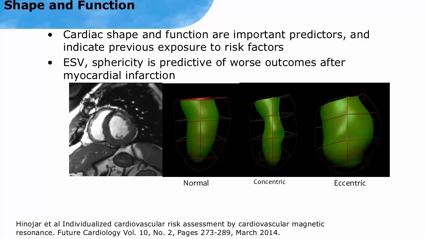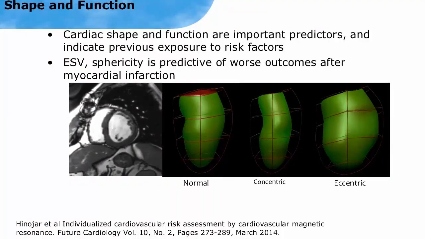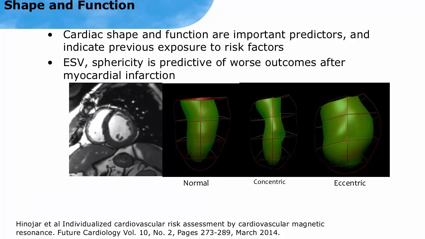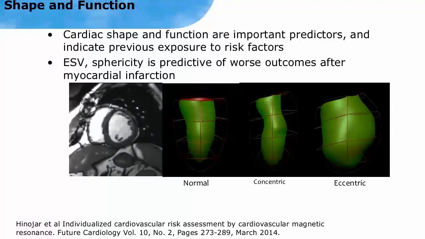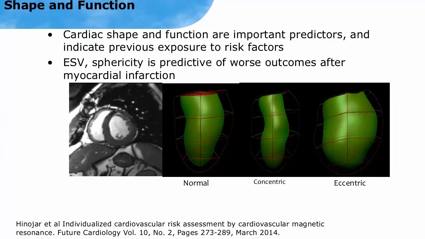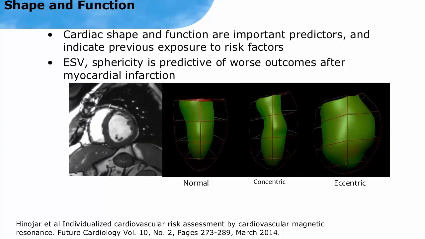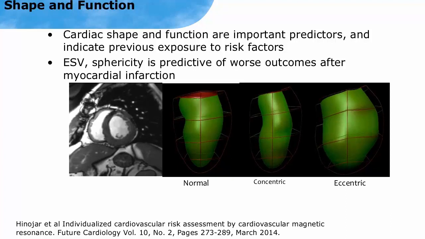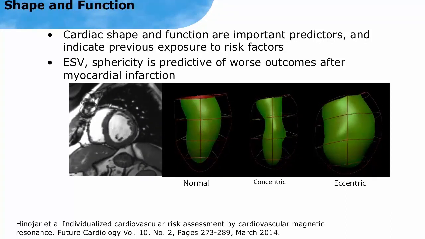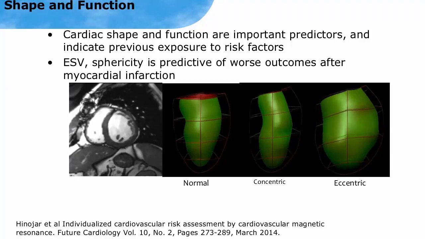But we also know through epidemiological studies like MESA, the Multi-Ethnic Study of Atherosclerosis, that these shape changes are also present in the asymptomatic population. So it's possible that we can derive scores which are kind of like Z-scores, where we say, okay, patient X has come in, we've done a 3D stack of MRs, we've calculated the shape, and now we can say how their shape matches with our MESA population, for instance.